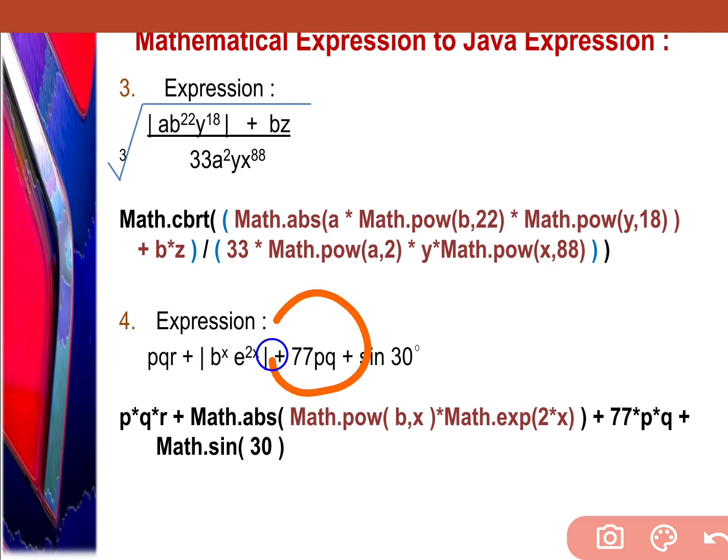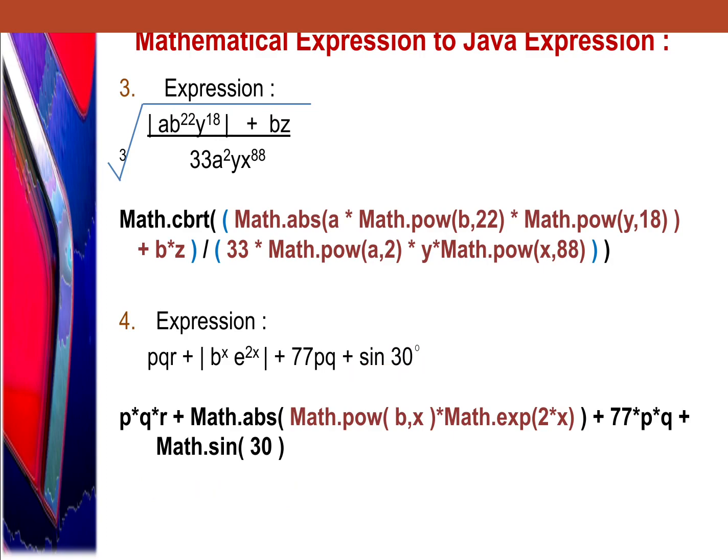Then we have 77 pq, 77 into p into q, then sine 30, Math.sin(30), an easy one.